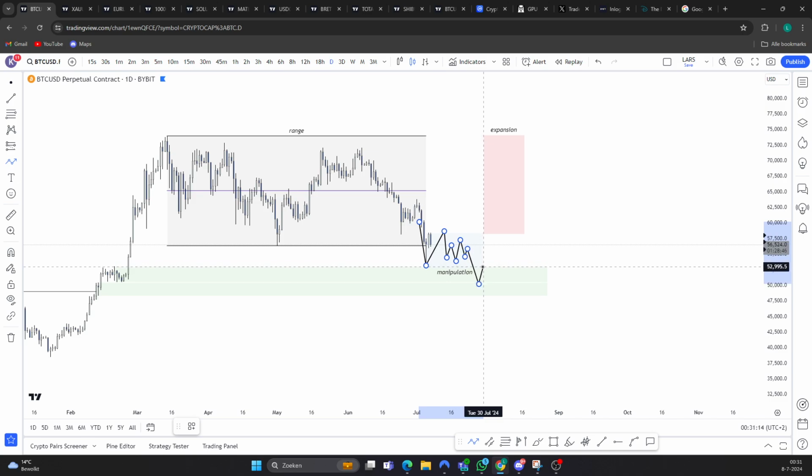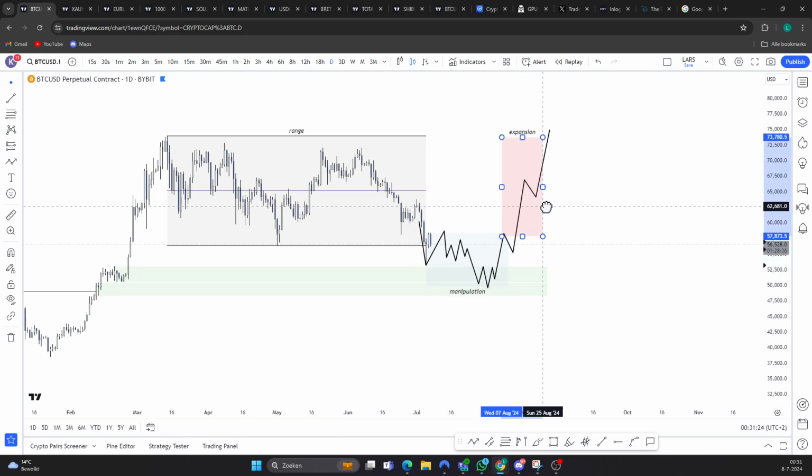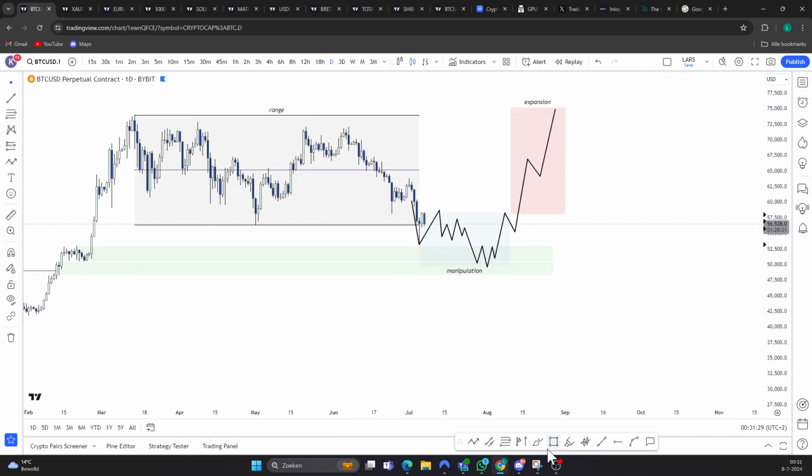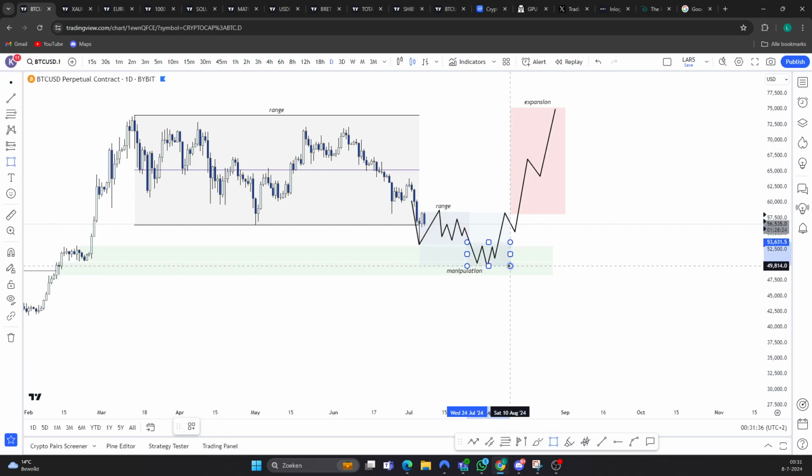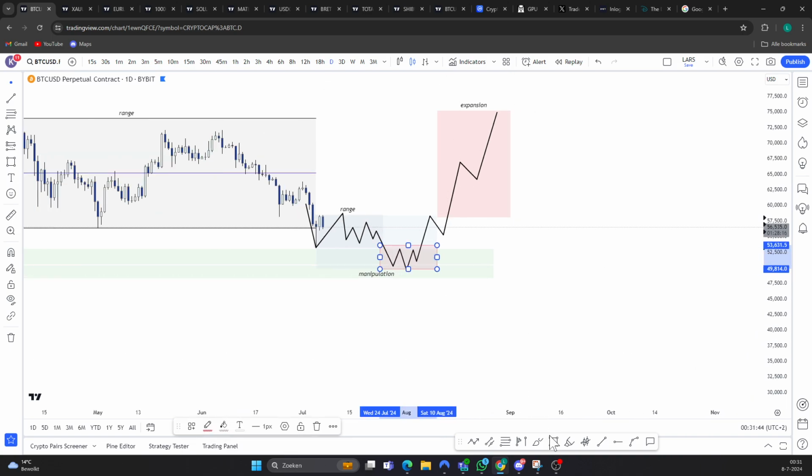And then right here is where you form that manipulation phase, and then you pump. And then you pump. So this whole thing would be our manipulation in the bigger PO3, where the manipulation phase itself has its own little range with its own little manipulation within the manipulation. I don't know, let's call it flip. And then we have the expansion that follows right here.